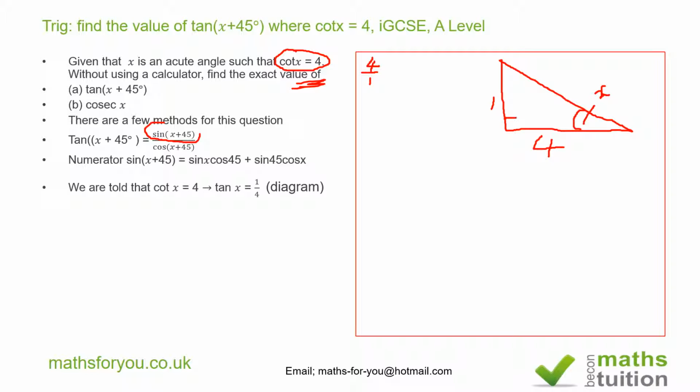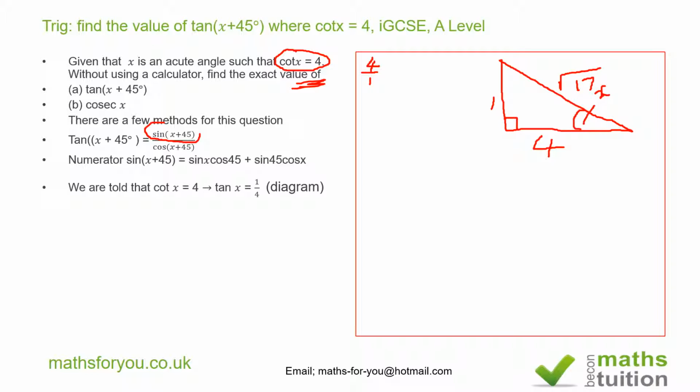And don't forget, right angle triangle here. Now, 4 squared is 16 and 1 squared is 1, and by Pythagoras, 16 plus 1 is 17. So the hypotenuse is going to be the square root of 17.